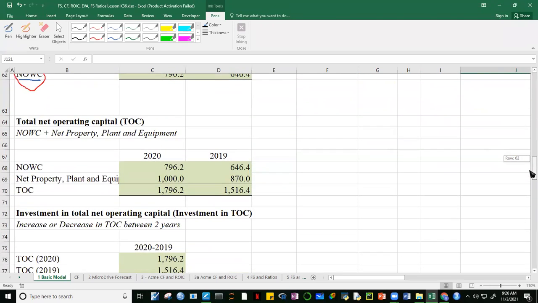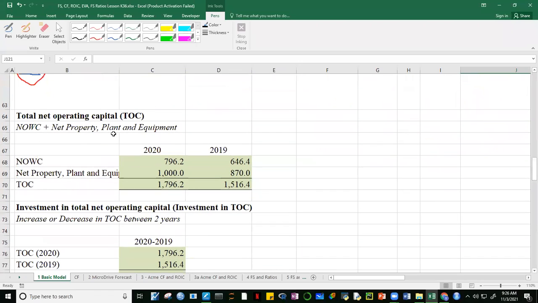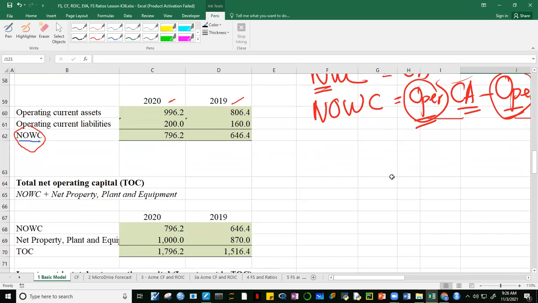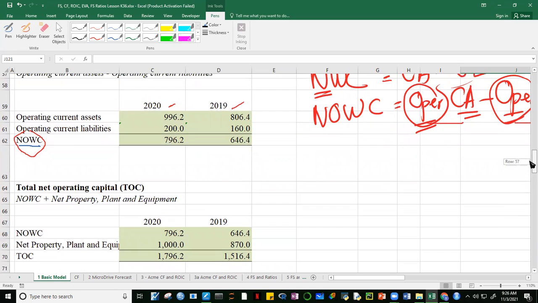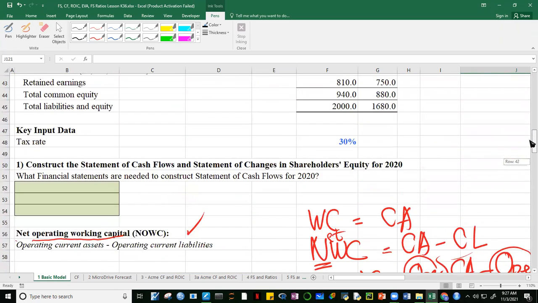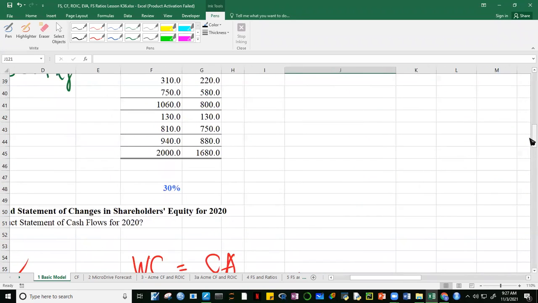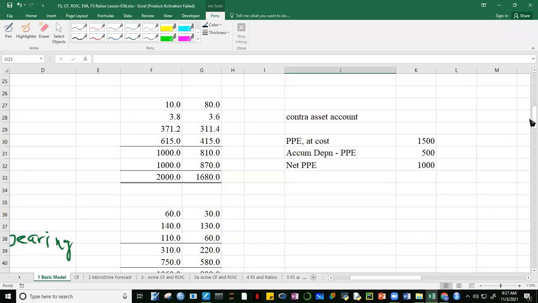Okay, then we computed for the total net operating capital or total operating capital. And the formula for that is your NOWC, which we have already computed, plus the net PPE. Now take note, guys, that we're using here the net property, plant, and equipment. We discussed this last time, and we said that the property, plant, and equipment account can be presented in the balance sheet in this form.